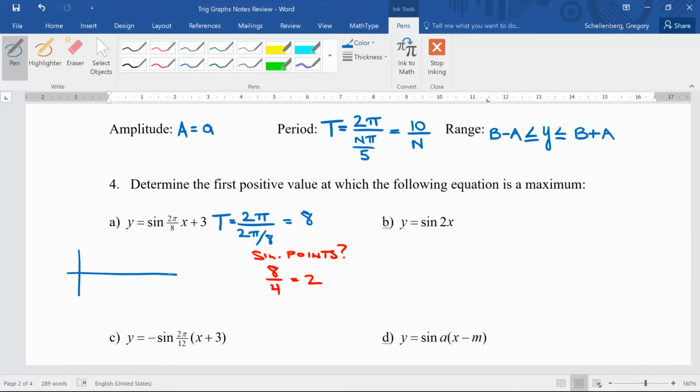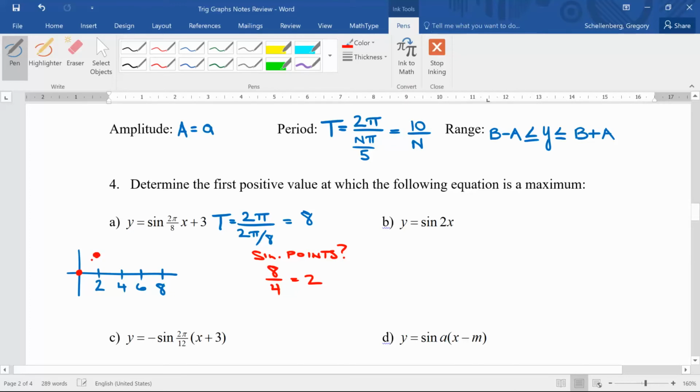It is a sine function. Sine functions start at midpoints. I'll jot down here, there's 1 full period. If we break it up into 4 equal parts, then we've got 2, 4, 6, and 8. Sine function, so it starts at a midpoint.